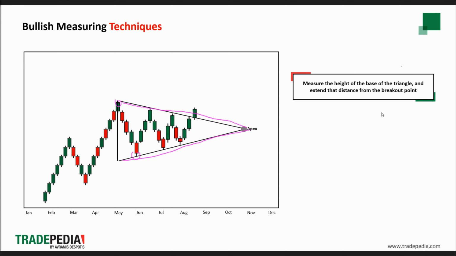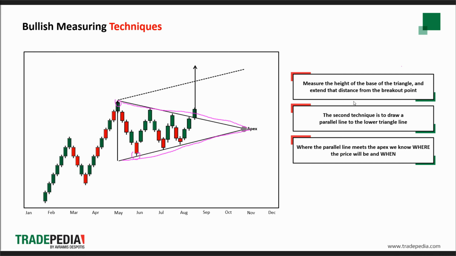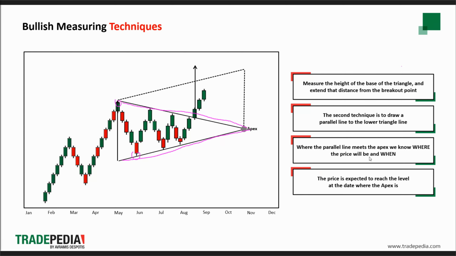Okay, then after that, the second technique is to draw a parallel line to the lower triangle line. Where the parallel line meets the apex, we know where the price will be and when. Okay, so if you guys are confused with this narrative, what I would do is measure the distance from this point to this trend line itself.